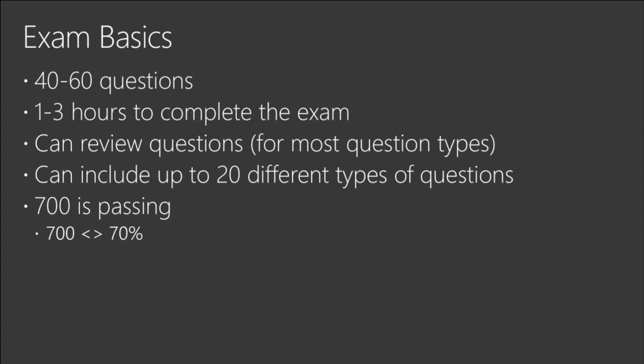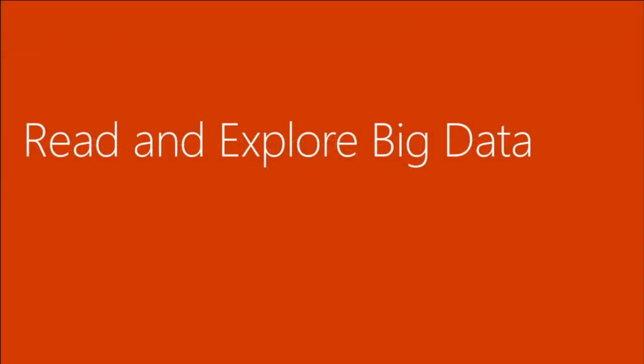Now that being said, I use this a lot, and I spent another 30 minutes writing comments about it. So you can review most of the questions. Take your time, look over them. If you're not sure about them, look over them. And it can be up to 20 different types of questions. So 700 is passing. That's the equivalent of 70%.